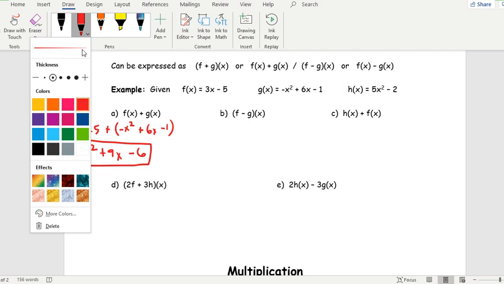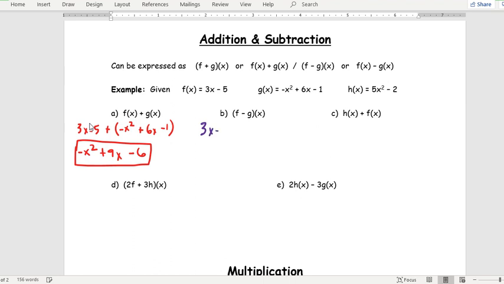All right, what about f minus g of x? So we will start with the function f, which is 3x minus 5, and we are going to subtract from that the function g. Definitely need to put the g function in parentheses. I could put the f function in parentheses, but it's really not necessary.